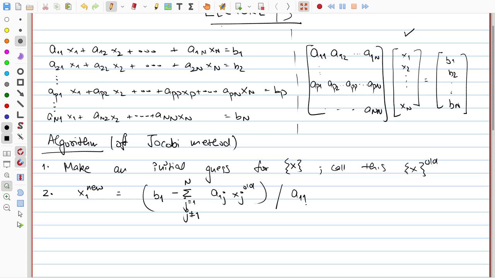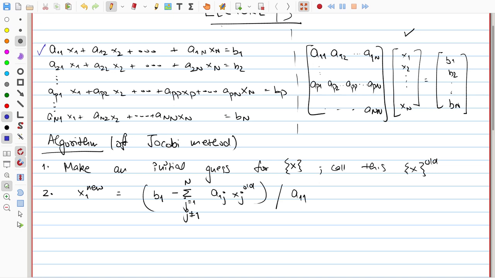So let's try to understand what we have here. If we look at the first equation that I wrote in the beginning of this lecture, that's the equation a11 x1 plus a12 x2 all the way to a1n xn equal to b1.